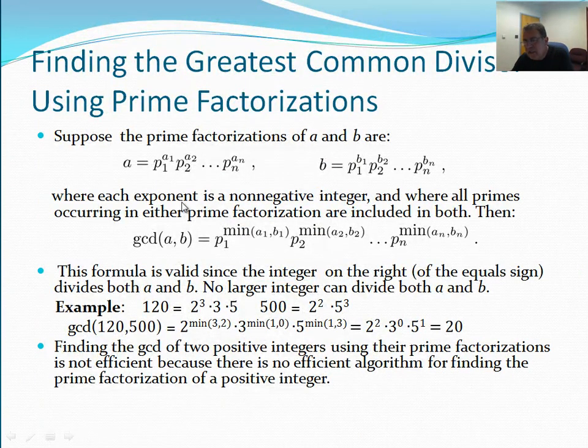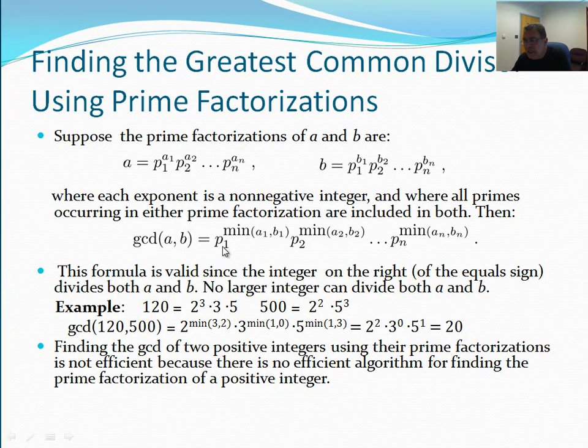We're going to do one example, and before I do the example, let's take a look at here. We have a and b. We write the first factorization element here and here that are the same, p1 and p1, and then we write the minimum of a1 and b1, p2 to the minimum of a2 and b2, all the way times p sub n to the minimum of an and bn, all right?